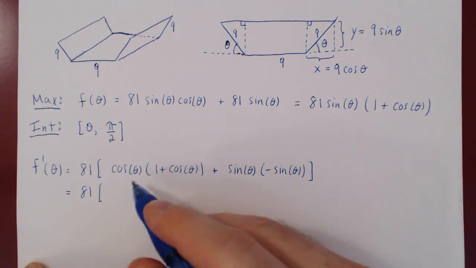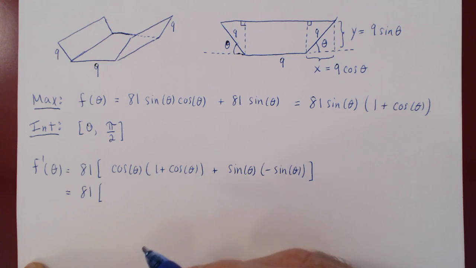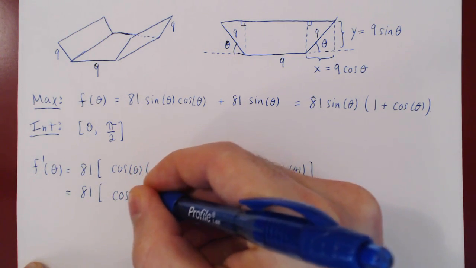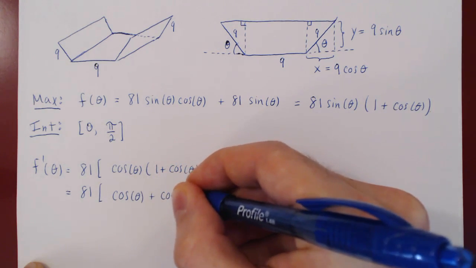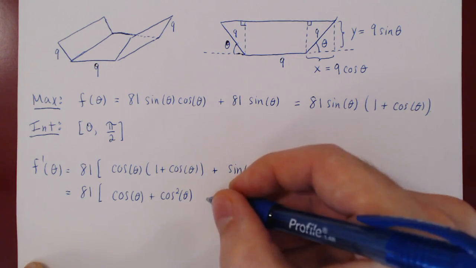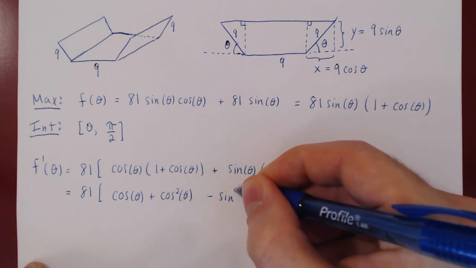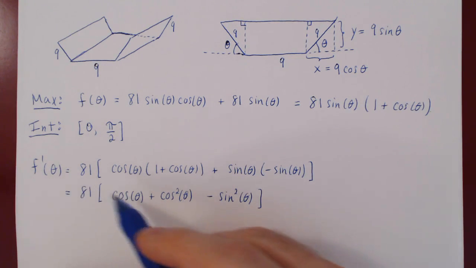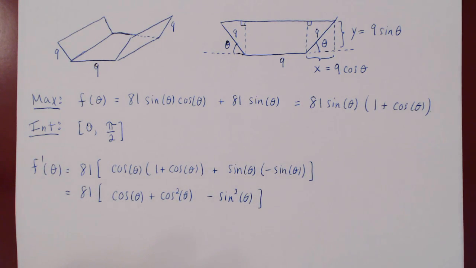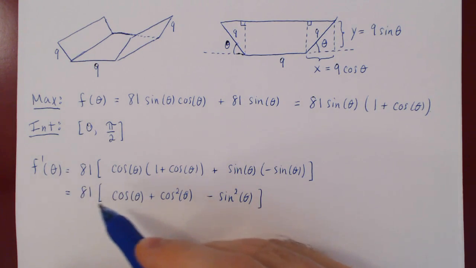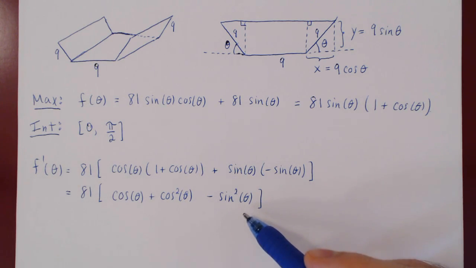If you multiply across, you'll get cos of theta plus cos squared of theta minus sine squared of theta. And if you think of it, the derivative is always defined. So the only critical points will be values of theta where the derivative is 0.